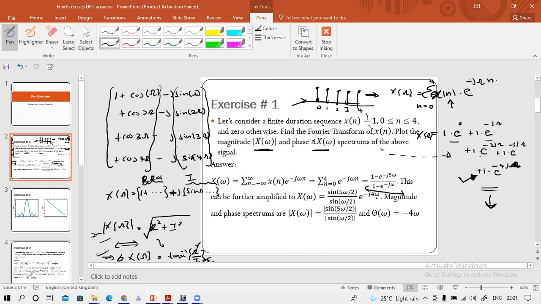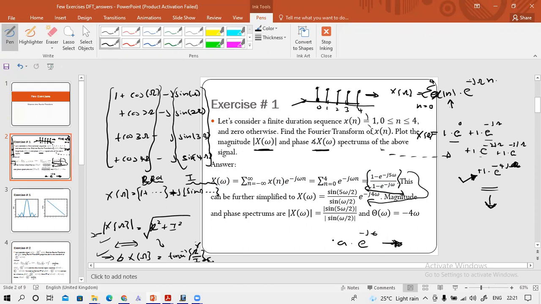Okay, and also again we are asked to find the magnitude plot and phase plot. So this term is again written like this, and so here you can say that it is of the form a e to the power minus j theta. So this is the magnitude.